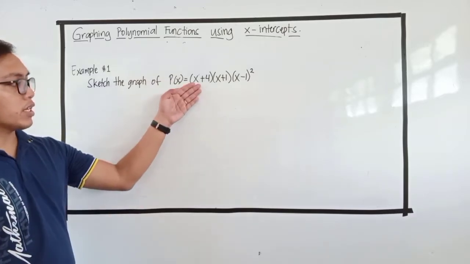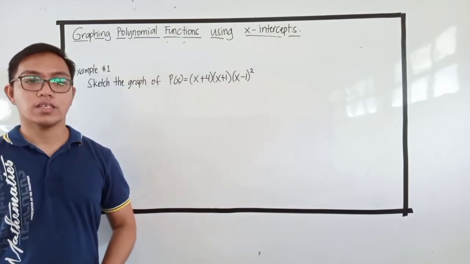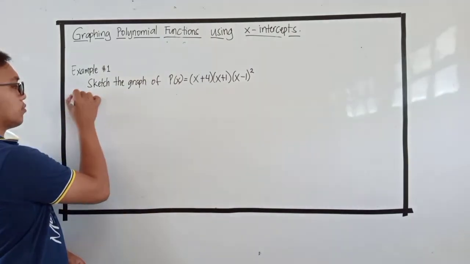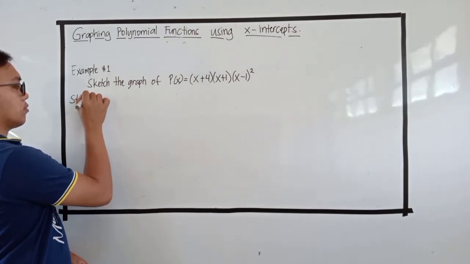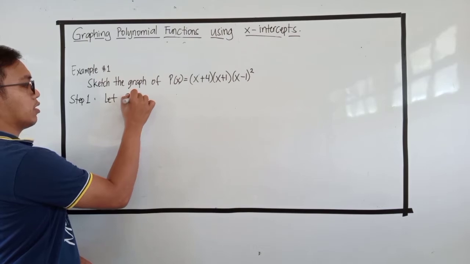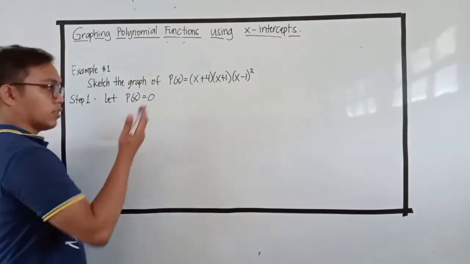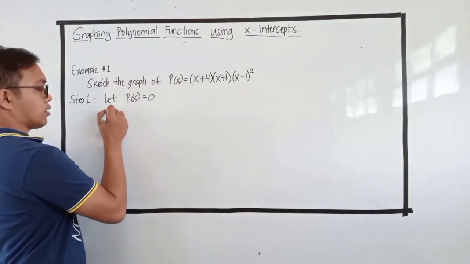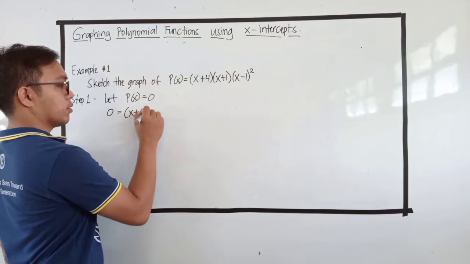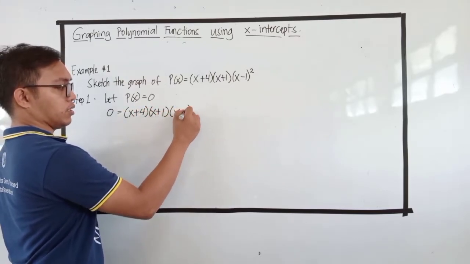Therefore, we can already equate this to 0 and find the x-intercept. First step, we let p of x equal 0. The equation will be written as 0 equals x plus 4 times x plus 1 times x minus 1 squared.